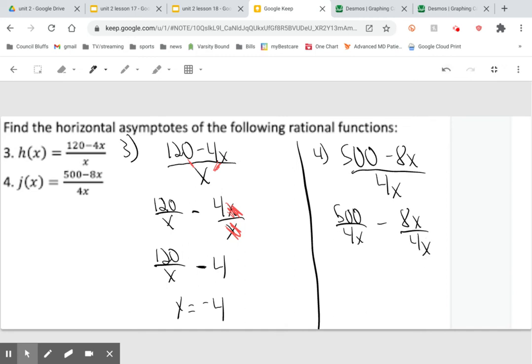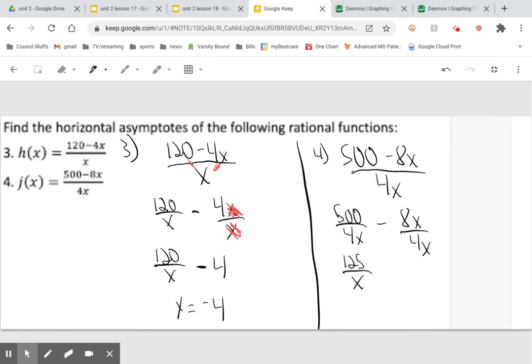And I'm going to simplify. In the first term, 500 over 4x, I can't get rid of the x, but I can simplify 500 over 4. 500 over 4 simplifies to 125. So this becomes 125 over x.